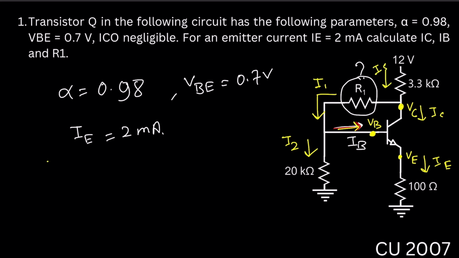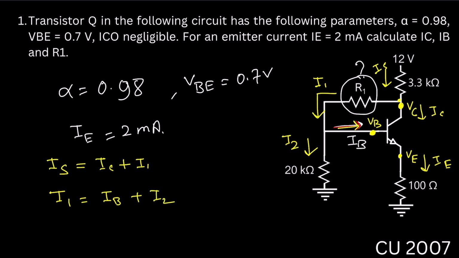So we can write down IS equal to IC plus I1. I've just applied KCL at the collector terminal. And I1 equal to IB plus I2.